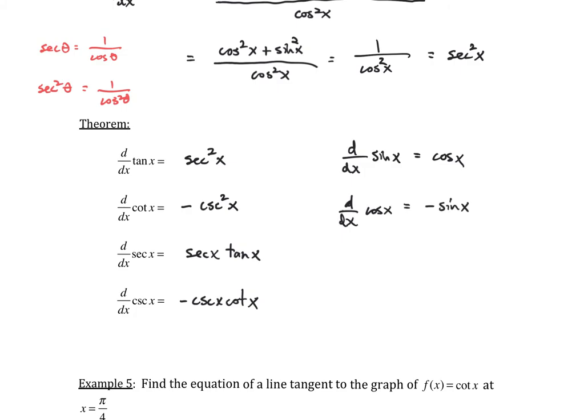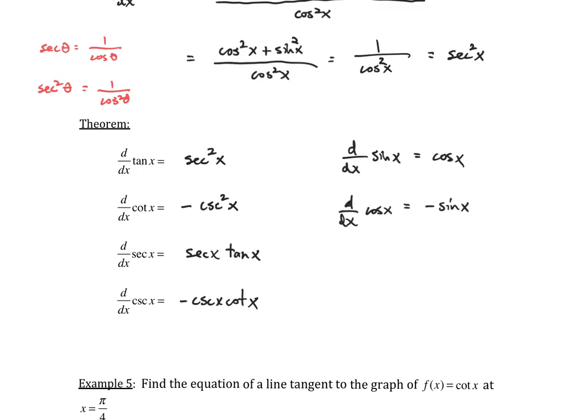As I said earlier, we really need to know these. And I want to help you think about the relationship between all of these derivatives, and that might help you remember them more easily. The first thing I want you to notice is that the derivative of anything that involves a co, like cotangent, cosecant, cosine, always has a negative in front.